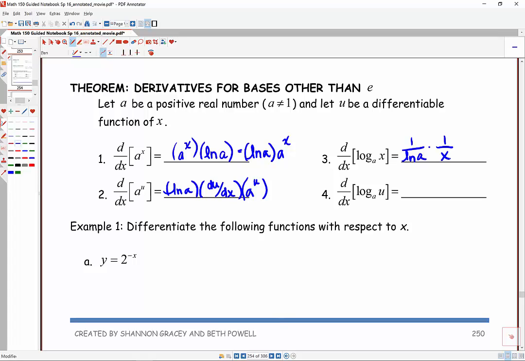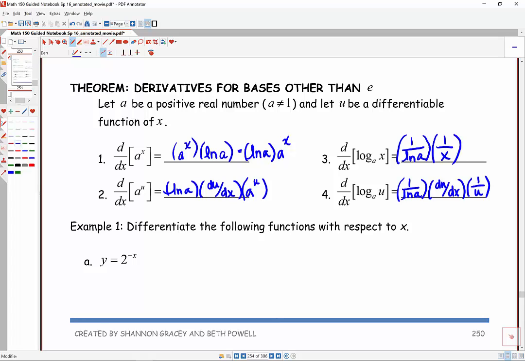And if you have a function of x going on in that log, what will happen is you will have 1 over natural log of a times du dx, or u prime, and then times 1 over u. Cool so far? All right. I guess I can be more consistent and write these with parentheses.